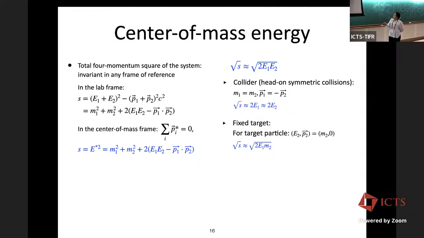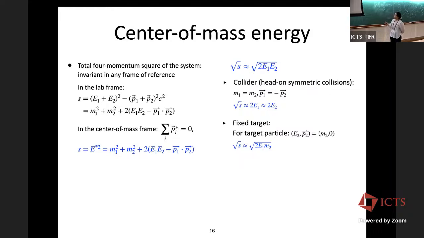When you think about the invariant quantity, which is the total four-momentum squared of the system, you can write down the center of mass energy in terms of this left-frame quantity and calculate it here. Normally, you can approximate to this, in terms of the energy of the beam and target, and you usually use this square root of s quantity here, which is the center of mass energy.